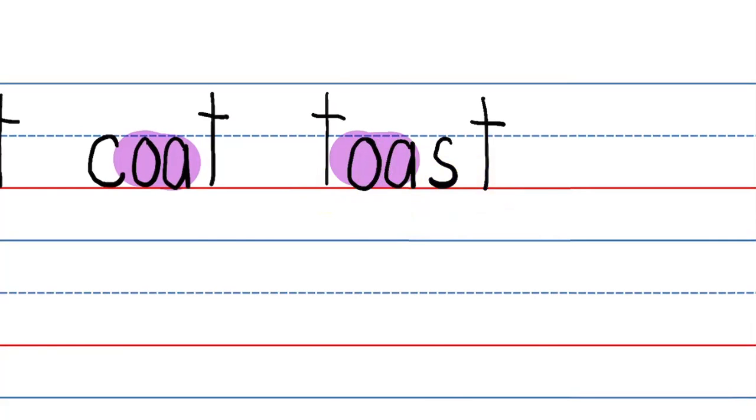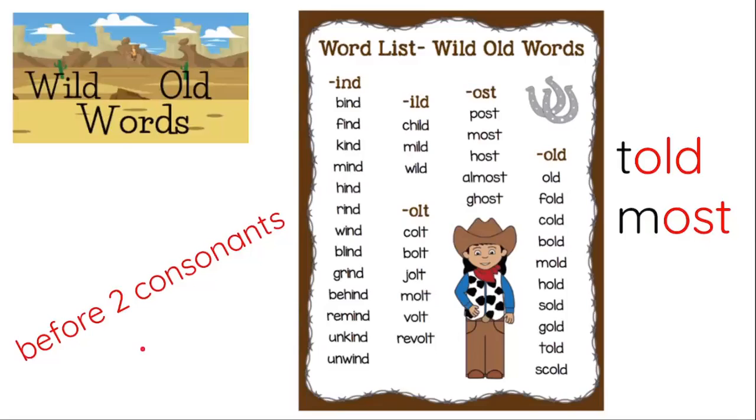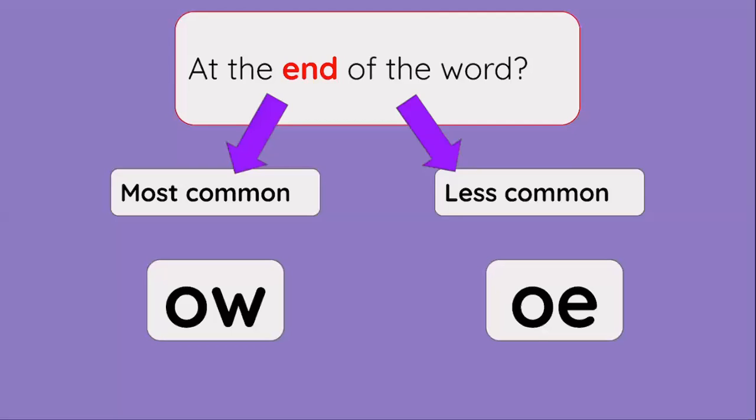Now let's look back at our diagram here. So when we have the O sound at the end of the word, the most common way to spell it is with the OW. Okay, the OW has two sounds, ow and O, and it is the most common way to spell O at the end of a word.